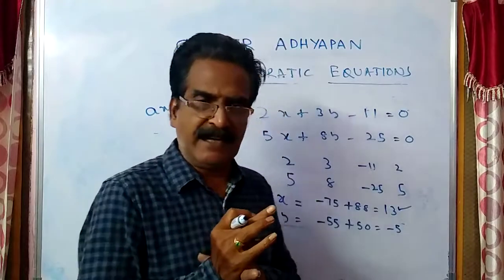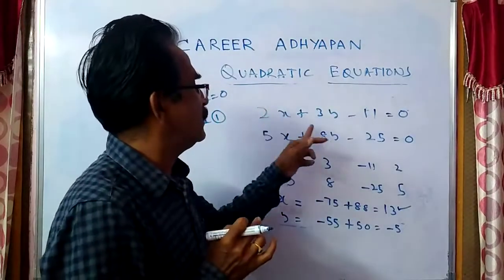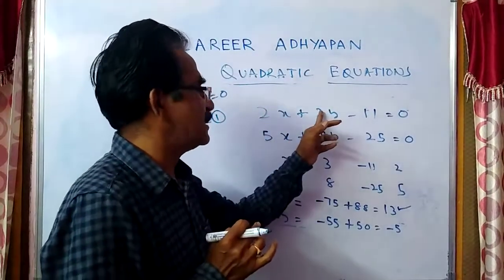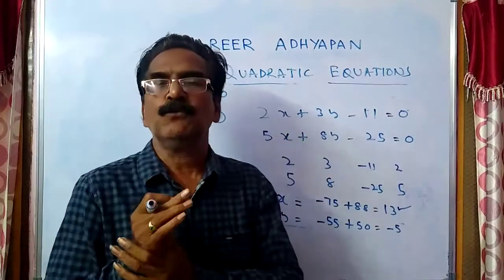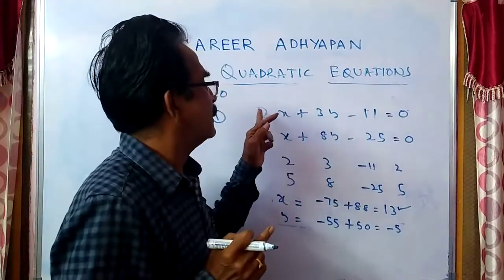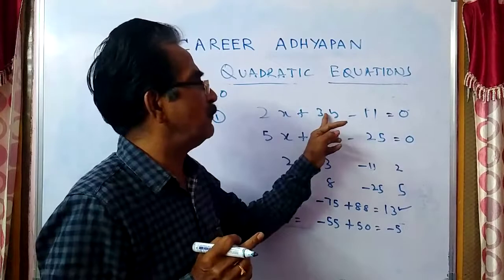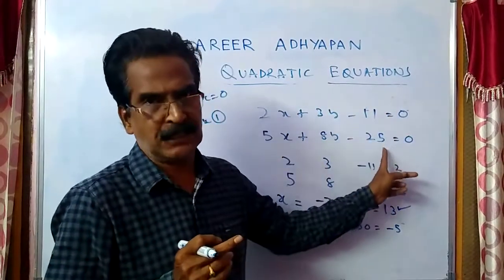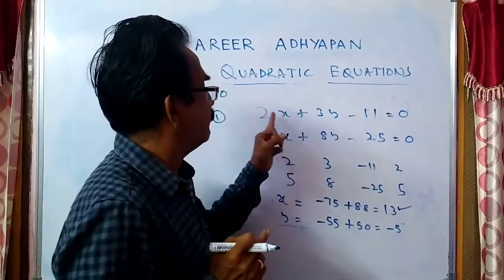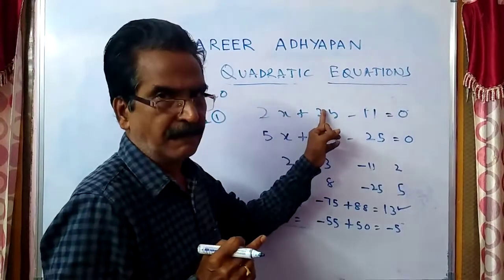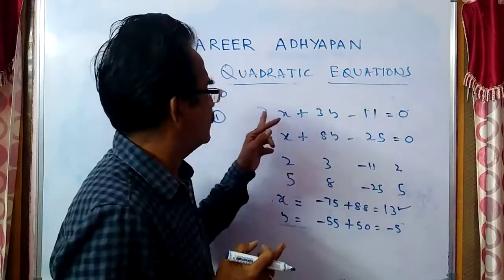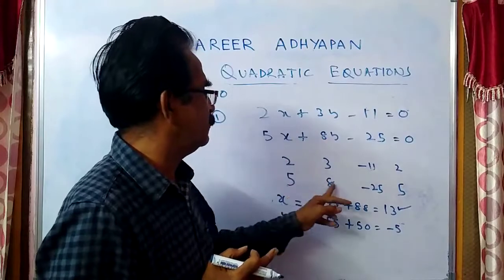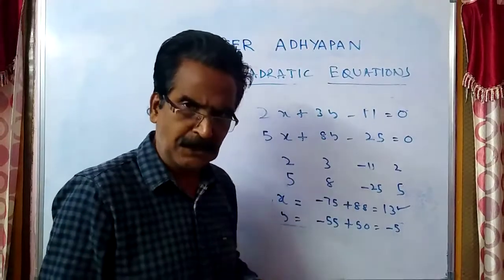This is case 1, where this into this minus this into this is positive. Actually, this is a1 b2 minus a2 b1, where a1x plus b1y plus c1 is equal to 0 and a2x plus b2y plus c2 is equal to 0. You just remember like this. First, a1 b2 minus a2 b1 is positive.